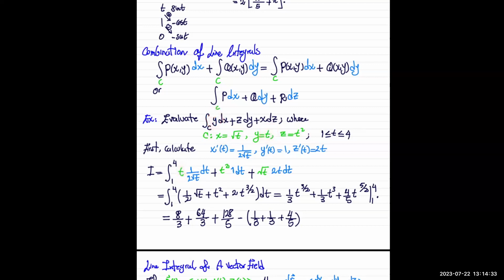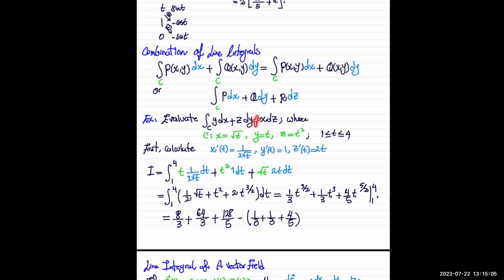Then dx is x prime. That's 1 over root 2t. Plug that in, and then you have dt plus z is t squared. Plug that in for z, and then dy is 1 dt.